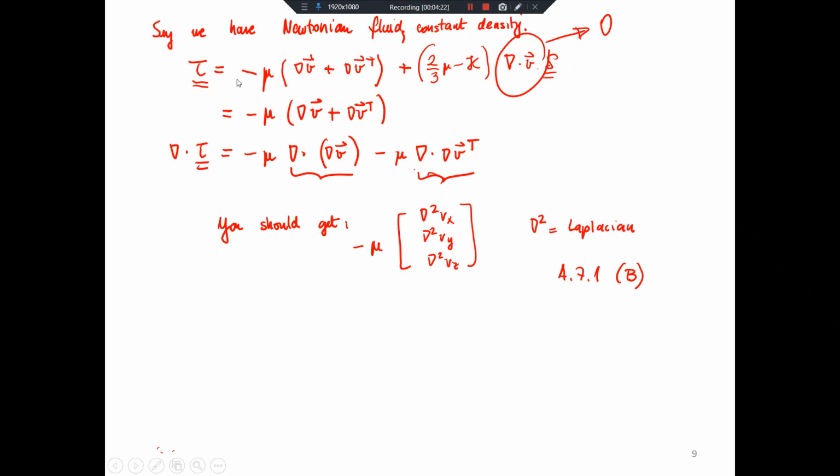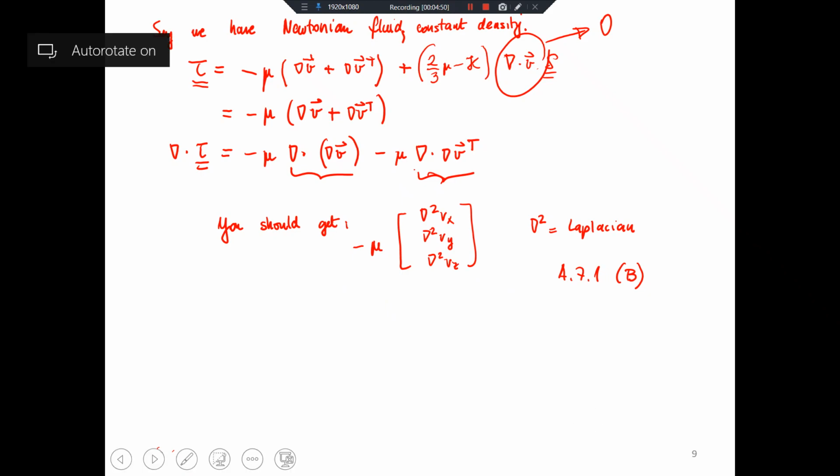So when this is the expression for my shear stress for Newtonian fluids, then I'm really left with this, and I want to compute this. What is it? Well, I claimed in class that when I take the divergence of tau, I should basically get this. So let's now get that. I will actually now elaborate on that.